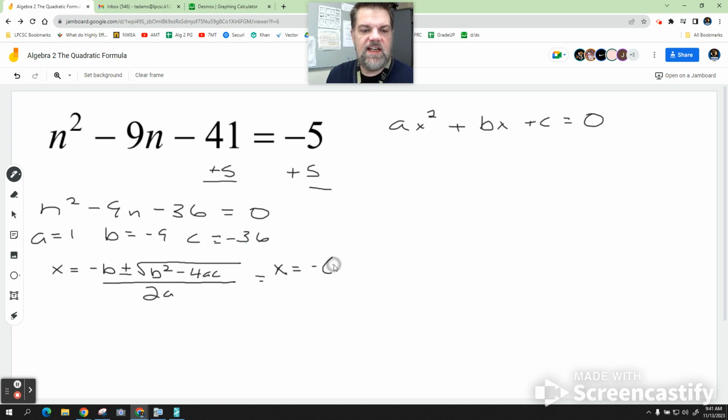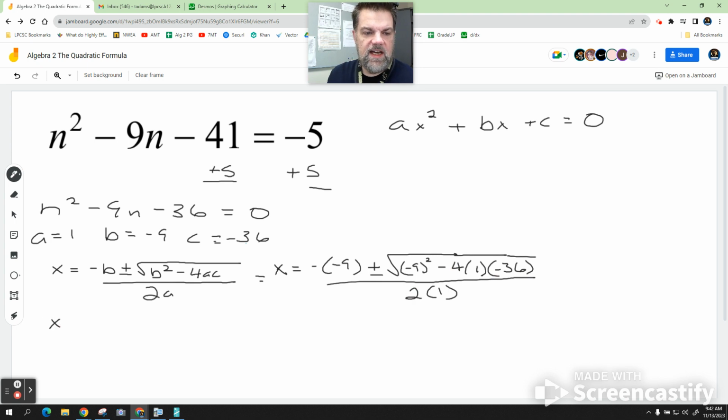So this is negative 9. Plus or minus the square root of negative 9 squared minus 4 times a, which is 1, times c, which is negative 36, all over 2 times 1.